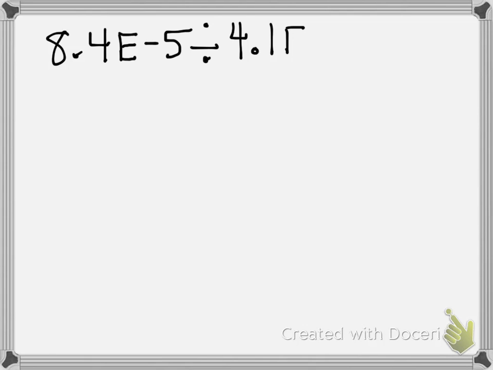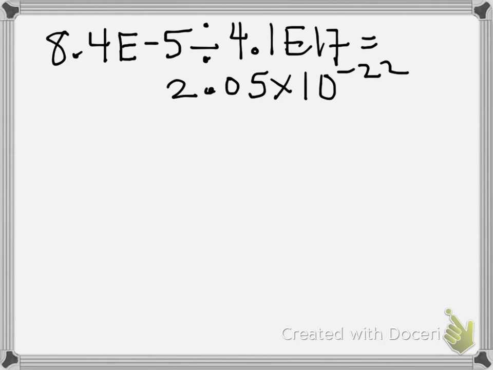For number 12, when you put those into your calculator, it would be 8.4 E negative 5 divided by 4.1 E17. When you do that, you should end up with 2.05 times 10 to the negative 22nd.